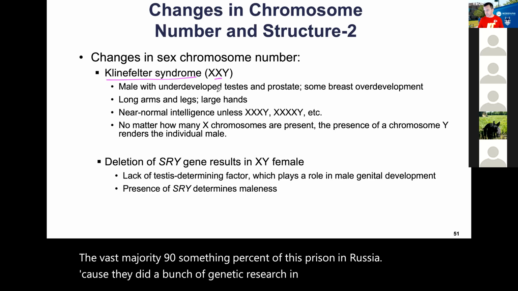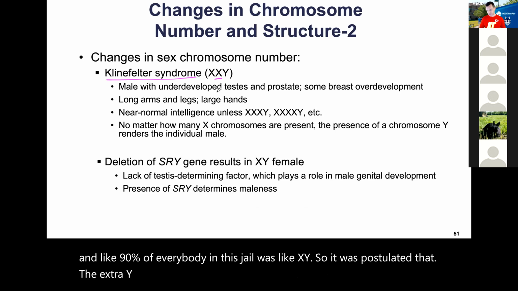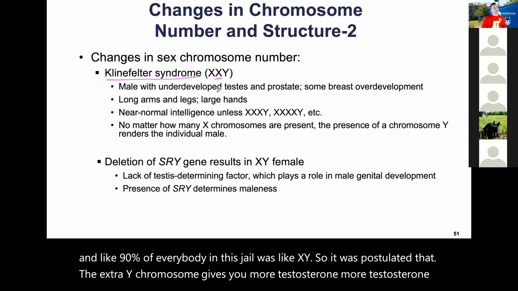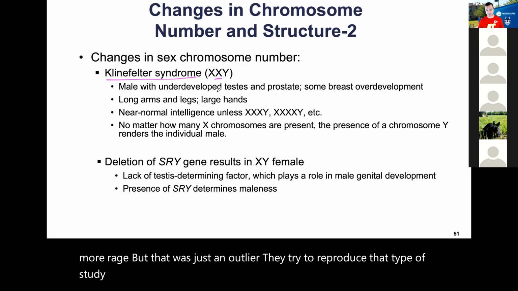And like 90% of everybody in this jail was XYY. So it was postulated that the extra Y chromosome gives you more testosterone, more rage. But that was just an outlier. They tried to reproduce that type of study, and it was never shown at any other location at all. It just happened to be a thing.